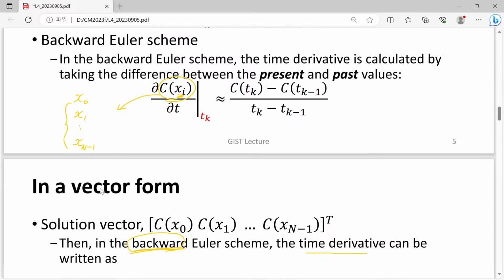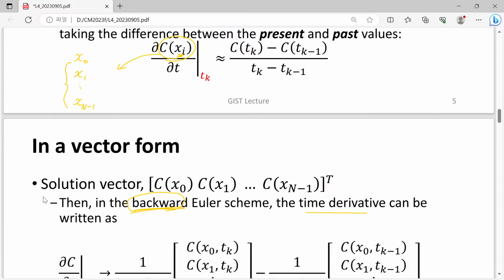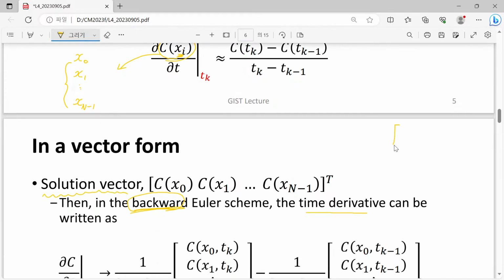Simply speaking, we are now working on a solution vector, and the solution vector is given as C at x0, C at x1, and so on up to the last point here. Of course, that is the quantity at t equal to t sub k.